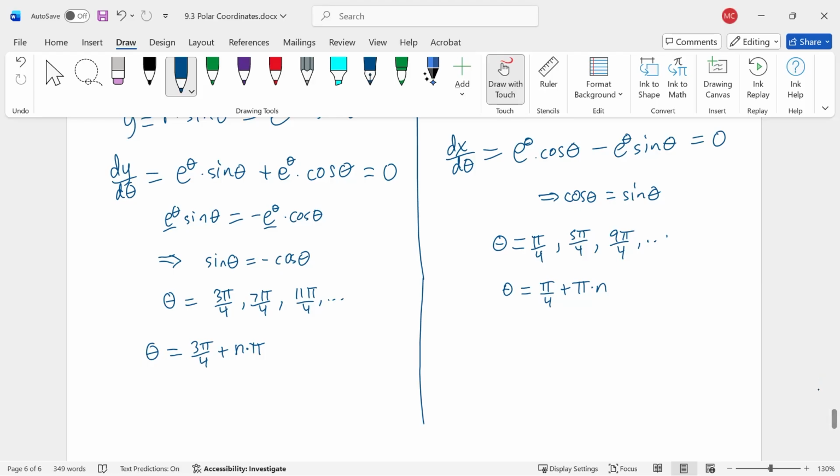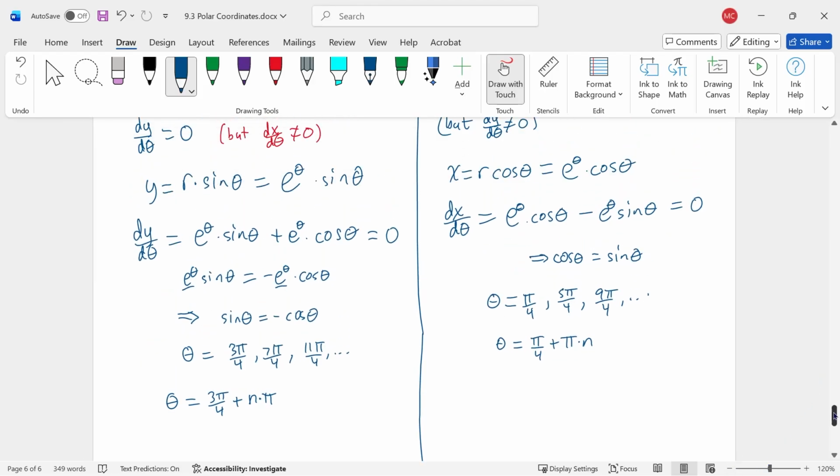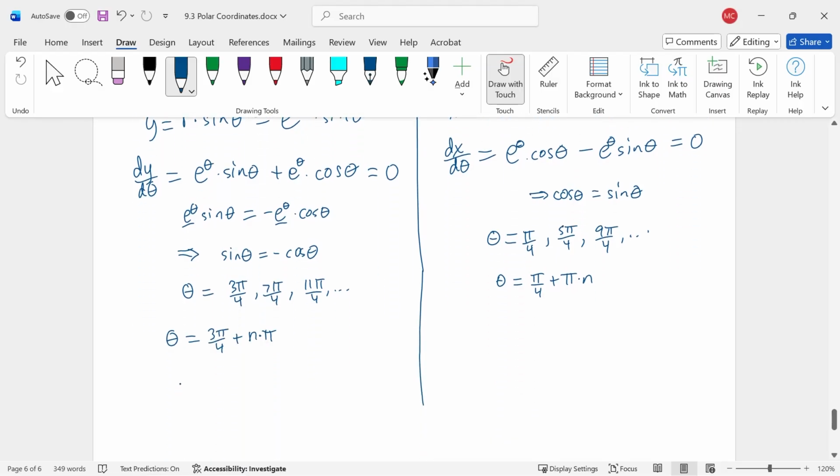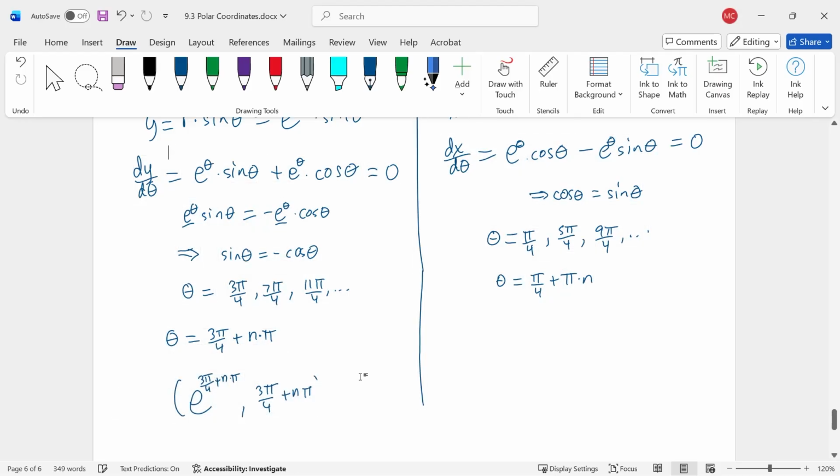So since our r value is e^θ, that means our points are going to be e^(3π/4 + nπ), and then the θ coordinate is 3π/4 + nπ. We could give these the formula Pn, P sub n.